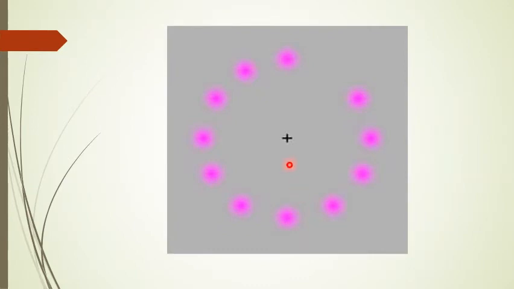This is one of the famous illusions. If we concentrate on the plus sign here for a few seconds, we see that these pink dots or balls disappear, and if we remove our focus from this plus sign, the pink balls reappear.